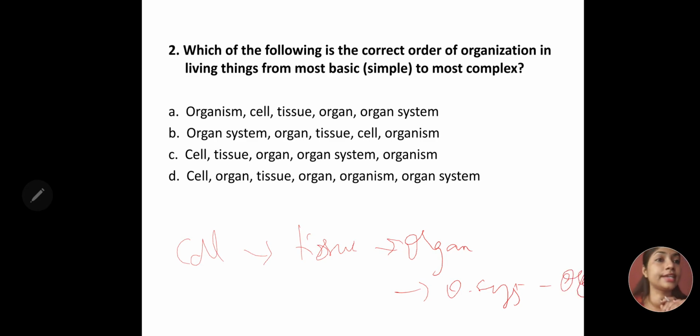So this is the correct order and it is in option C. So therefore C is the right option. Cells aggregate together to form tissues, tissues aggregate together to form organs, organs come together to form an organ system, and several such organ systems make up an organism. So this is the right sequence.